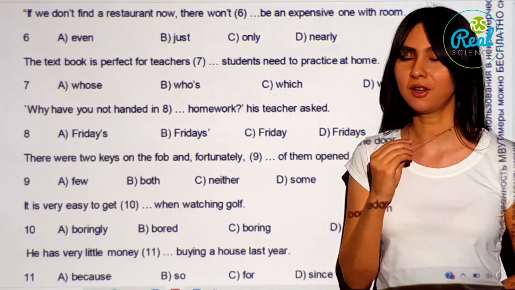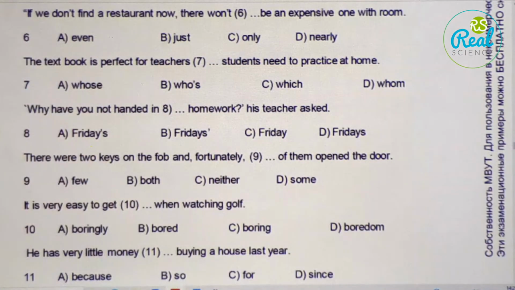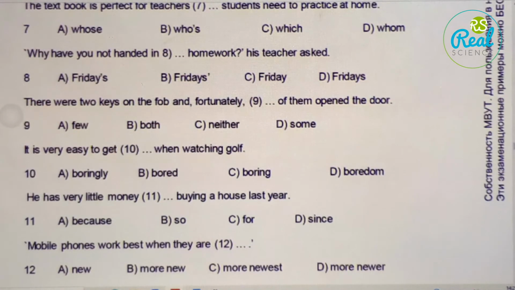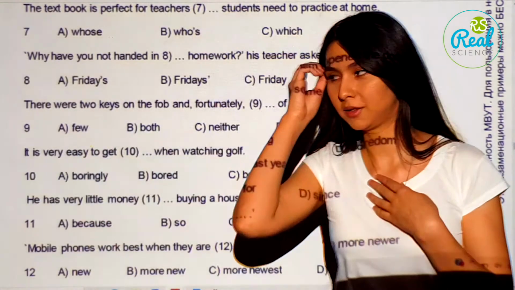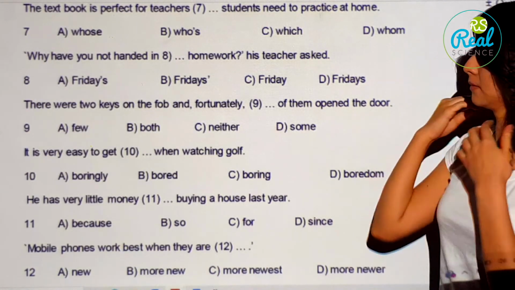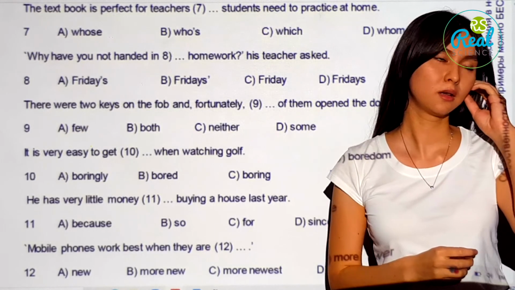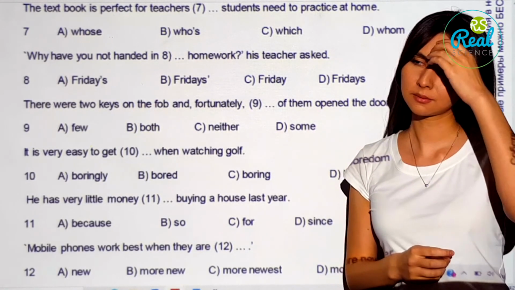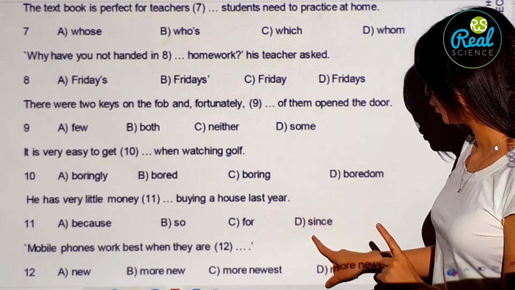Okay, got it. Why can't it be D, since? Because it means that he bought the house and he doesn't have any money because of spending his money. Okay, look.